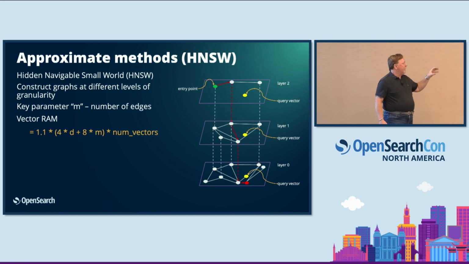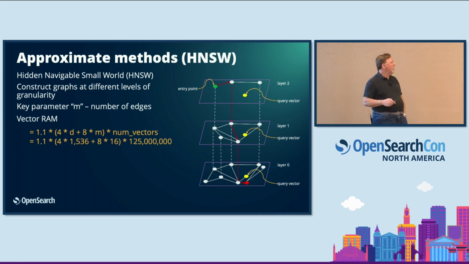You're taking 4 bytes per dimension, and you have 2 edges per node in the graph, so that's 8 bytes times the number of edges, times the number of vectors to get the total storage for that vector data set. If we fill in our numbers here, 1.1 times 4 times 1536 dimensions, plus 8 bytes times 16 edges, times 125 million vectors, that's going to give us 862 gigabytes of graph data.